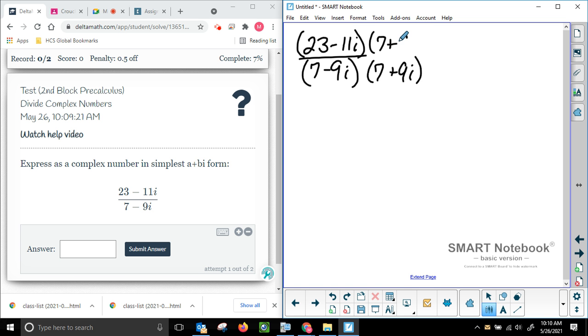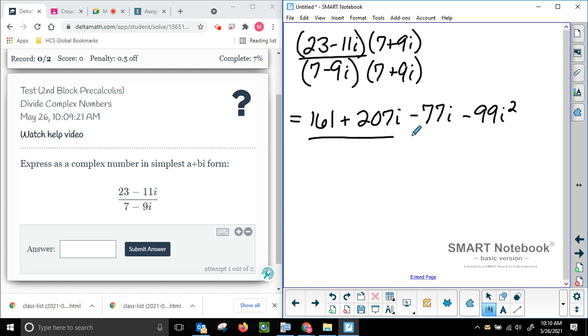So we go ahead and multiply here. When I multiply across the top, 23 times 7 is 140 and 21, so 161. And then we have 180 and 27, so plus 207i, and then minus 77i, and then minus 99i squared.